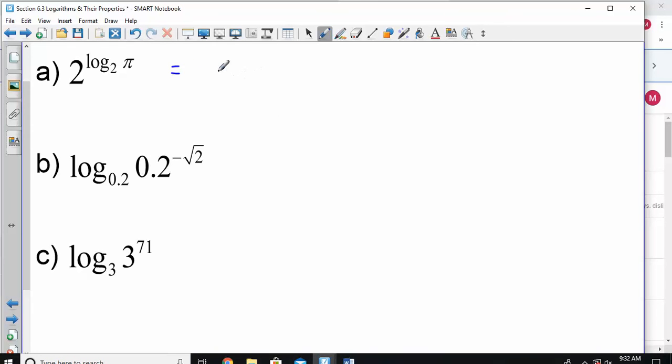What's A equal to? Pi, the 2 and the log base 2 would drop. What's B? The log base 2 and the 0.2 cancel. What's C? The log base 3 and the 3 drop. Are we okay with that?